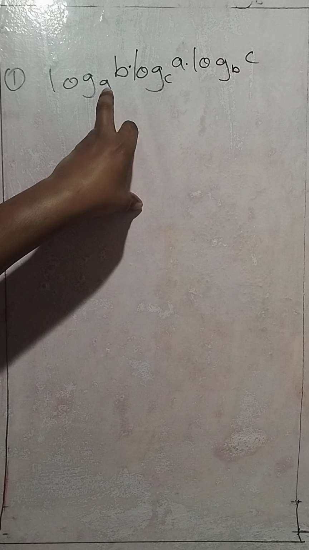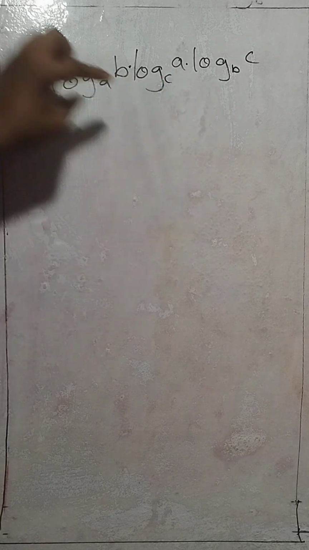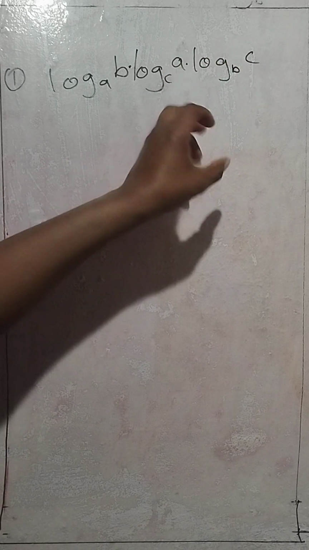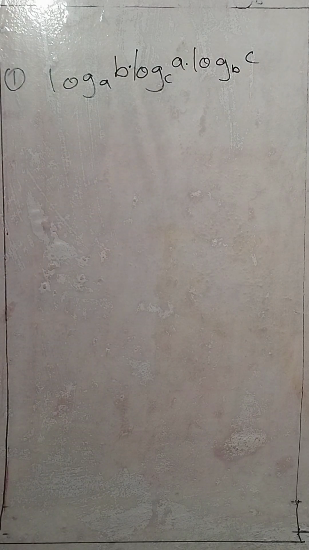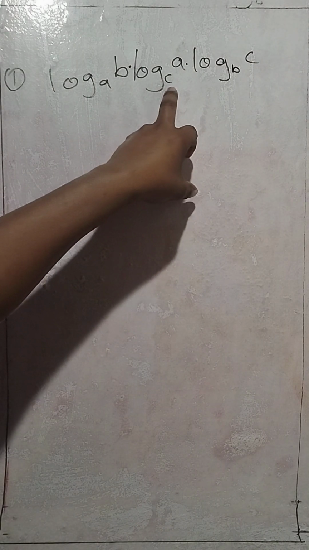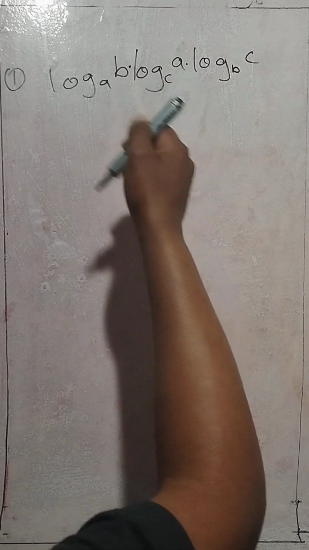The number which is quite small in terms of font is said to be the base. So now we have to change the bases to make sure that the bases are the same.